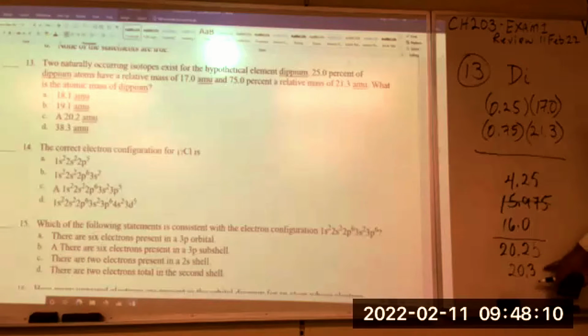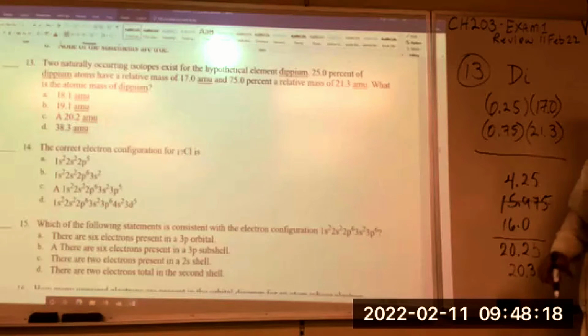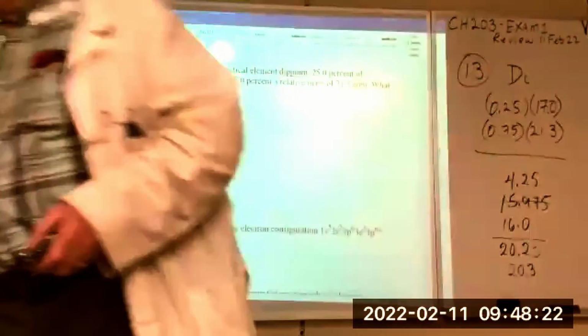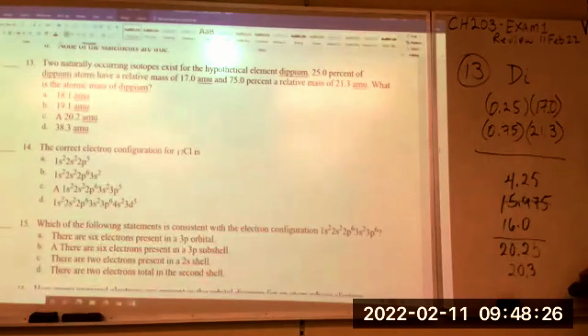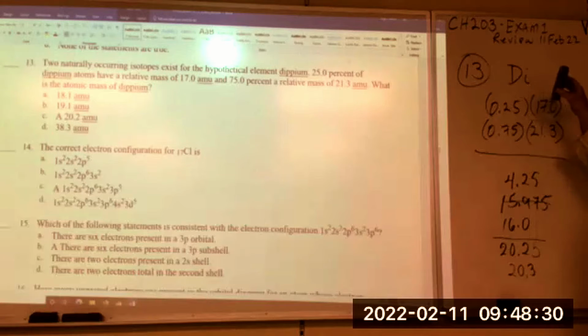And the best one would be this one, 20.2. Right, that's the closest to the answer that I got. That's how I would answer this one and move on. But the method is, got the method though. It's a weighted average of the abundance of the different isotopes.